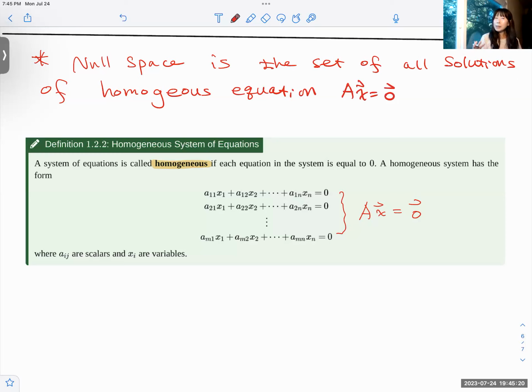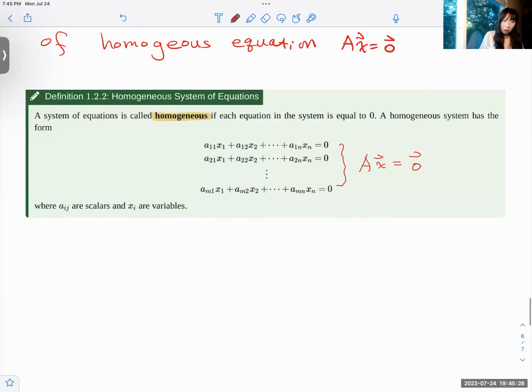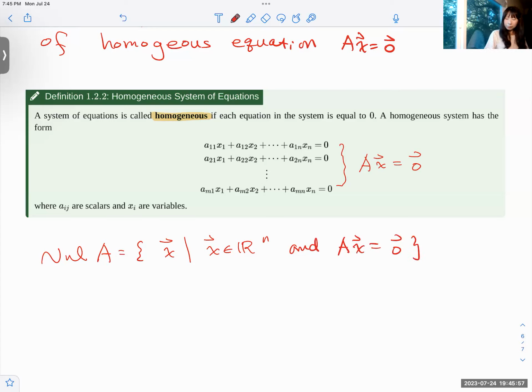If we express the null space as a set, we denote X such that, very general, then we talk about the detail, what kind of X we need. X is in Rn, n entries in dimension, and AX equal to 0.